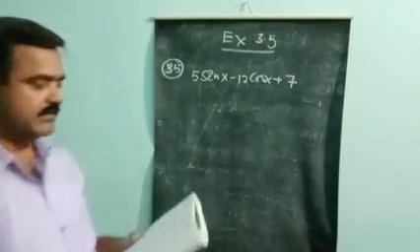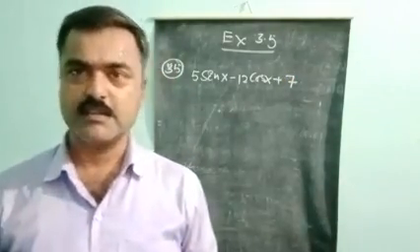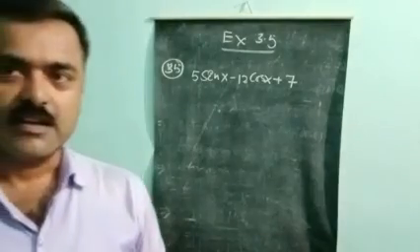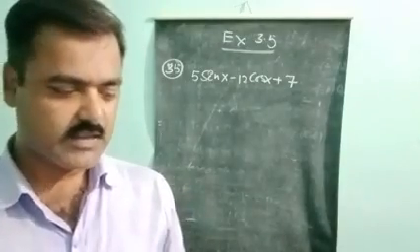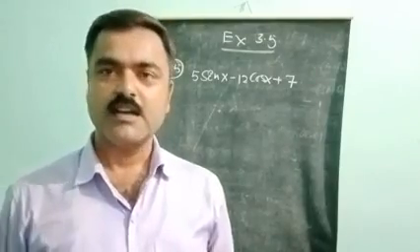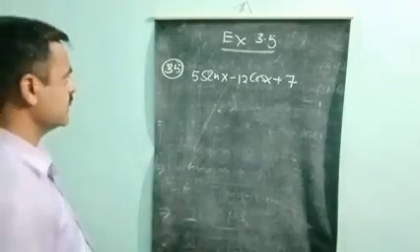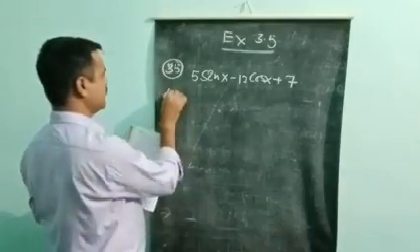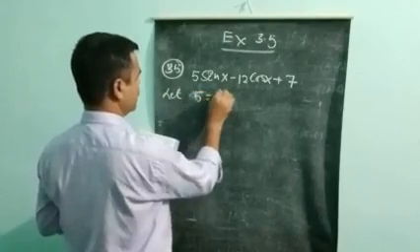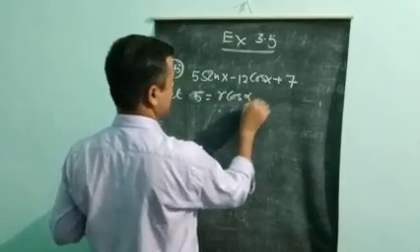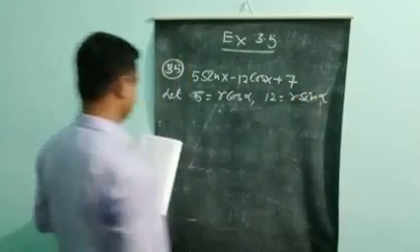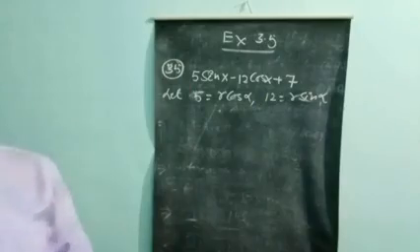This is the question. Find the range of the function 5 sin x minus 12 cos x plus 7, and this is very easy because it has already been given to put 5 equal r cos alpha and 12 equal r sin alpha. So just you will take the help of that: 5 equal r cos alpha and 12 equal r sin alpha.